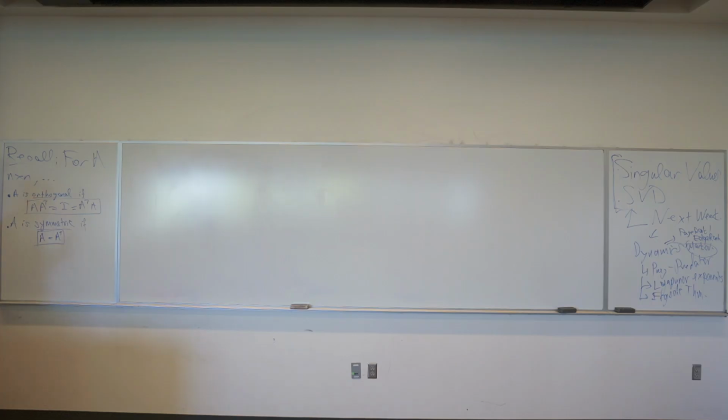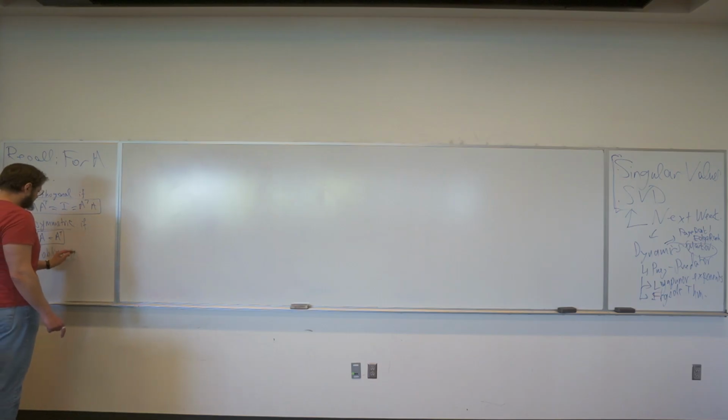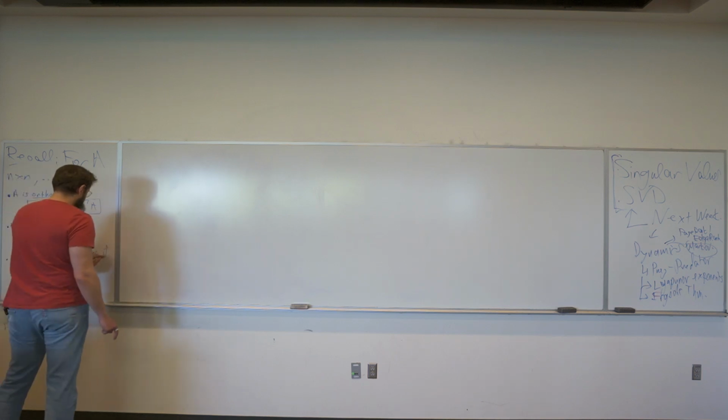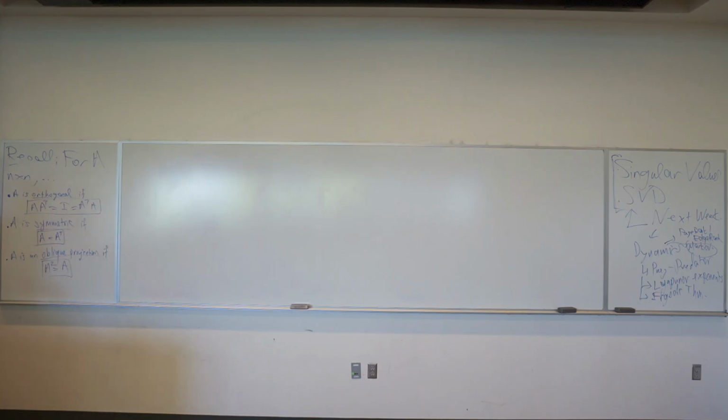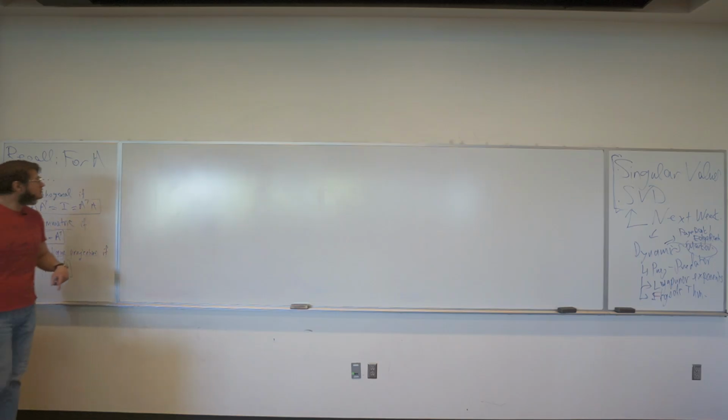Oh, A is an oblique projection if its square is equal to itself. So these are all matrix equations, you see. A is an orthogonal projection if it is both symmetric and an oblique projection.